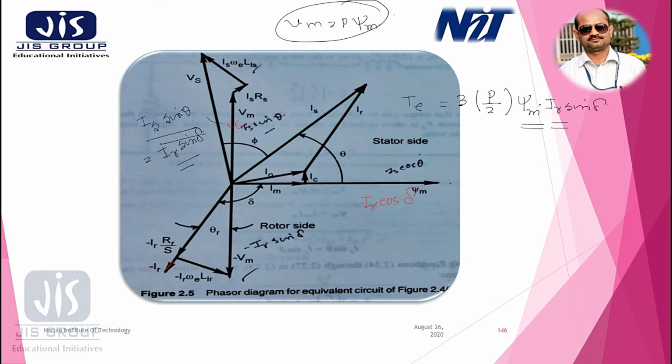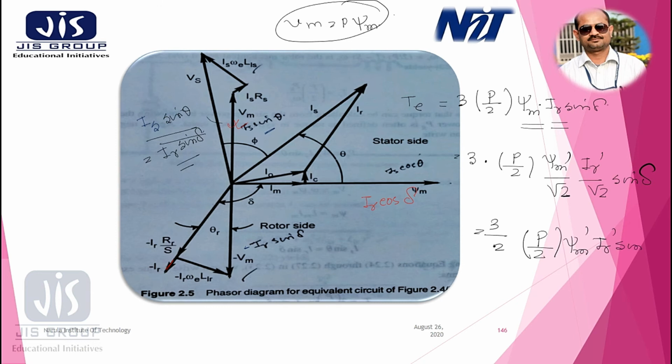Now we know the peak value is 3 into P by 2 psi m dash by root 2, into IR dash by root 2 into sin delta. So it will become 3 by 2 into P by 2 psi m dash IR dash sin delta. So this is my T.